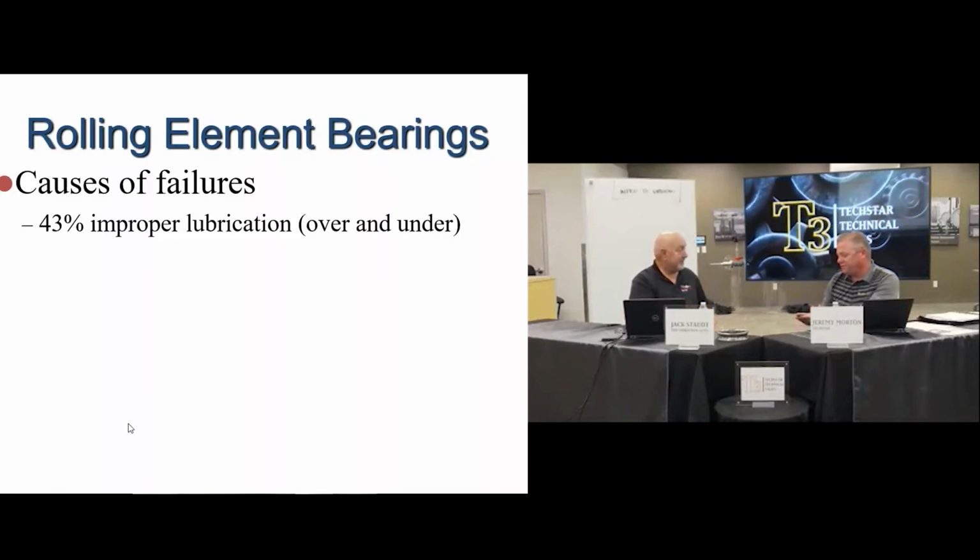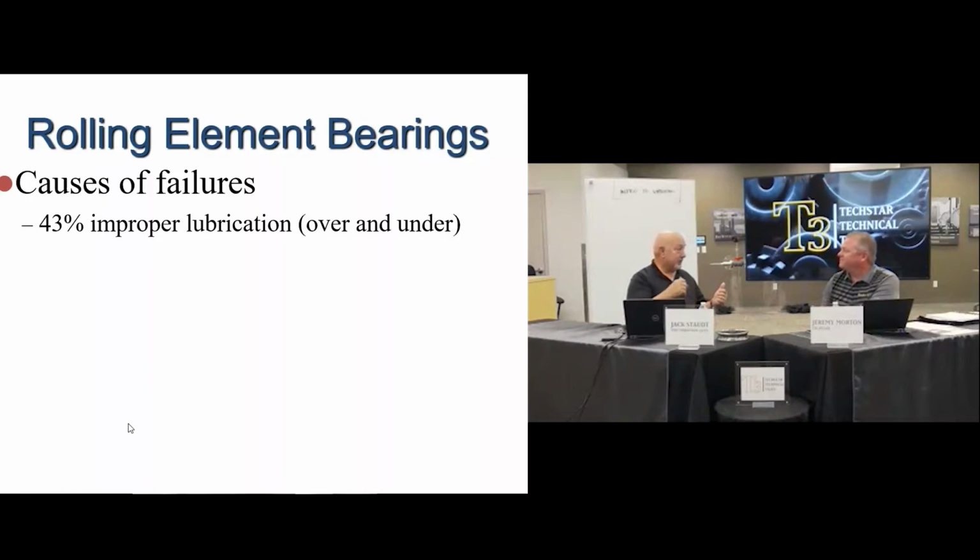The effect of under lubrication is pretty obvious. You run a bearing dry, you get heat buildup, and obviously the bearing fails. What is the problem with over lubrication? It causes more internal heat inside, and the hotter it gets, the more the metal fatigues. We had an incident like that one time where grease was coming out of the seals.